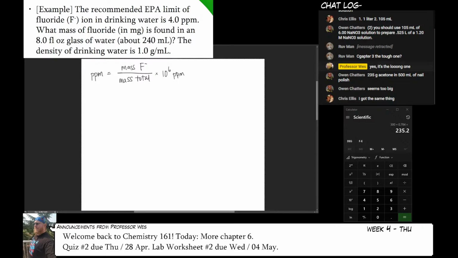What are the things that we know? Well, we know what the mass of the water is, because we can get that from the volume and the density. And we know what the parts per million limit is, right? So we can write all of this out. So we'll solve for the mass of fluoride.